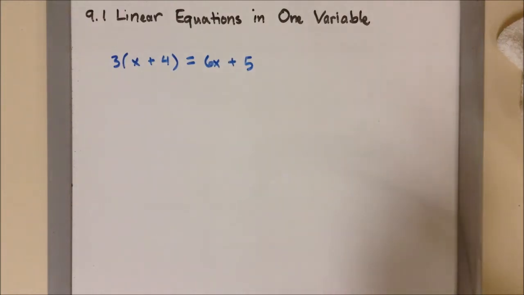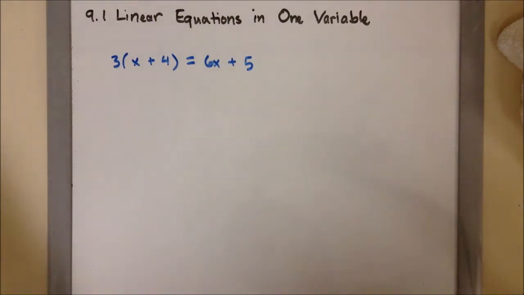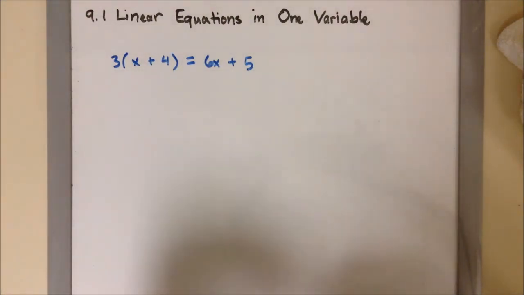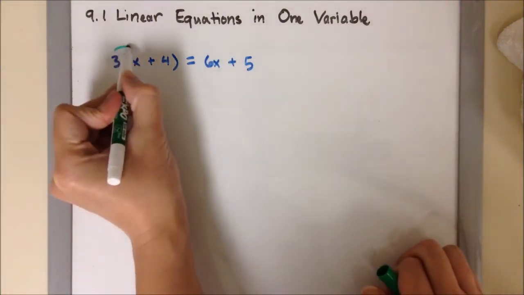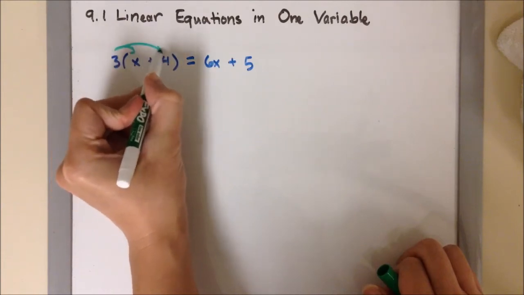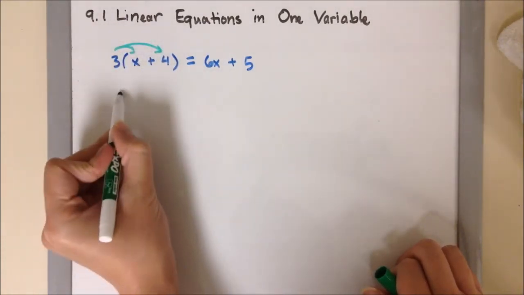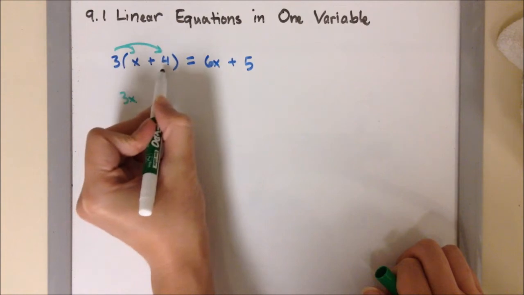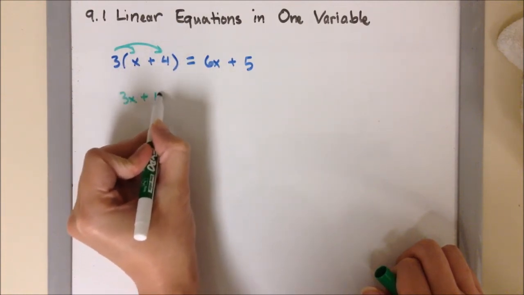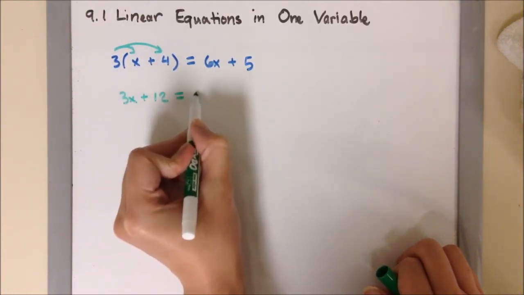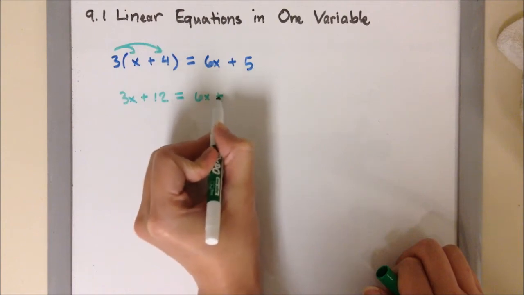Most of the time you can have it on the left, or sometimes on the right side, as long as you have variables on one side, numbers on the other side. Alright, so in this example, let's start off with distributing the 3 to the x and to the 4. 3 times x, 3x. 3 times positive 4, so plus 12 equals 6x plus 5.